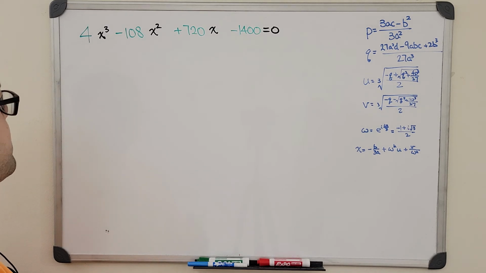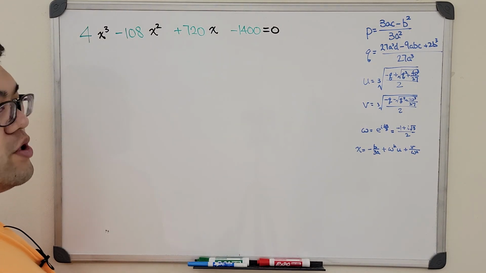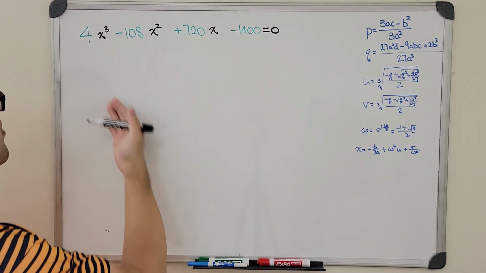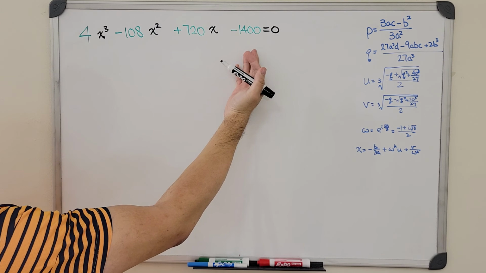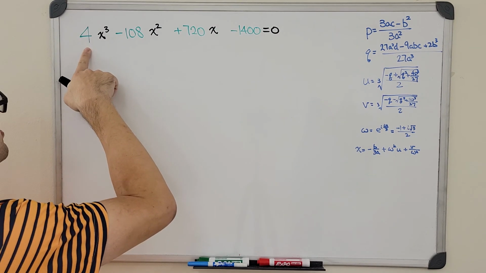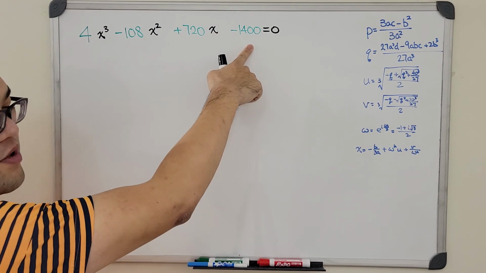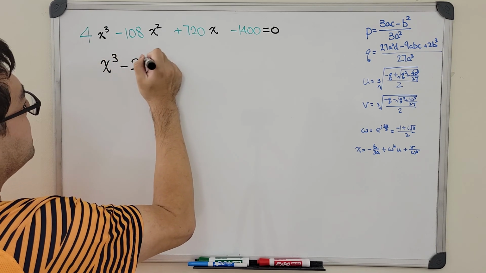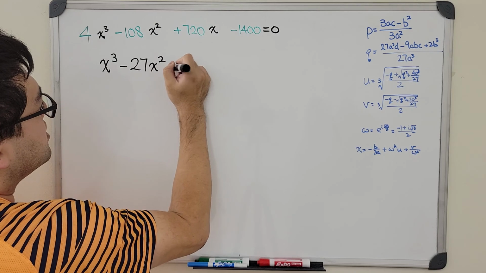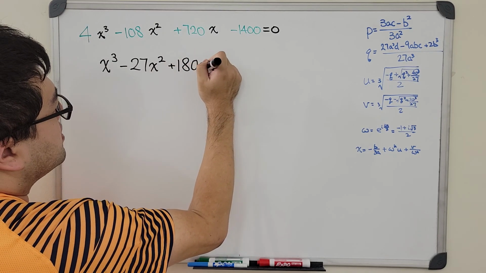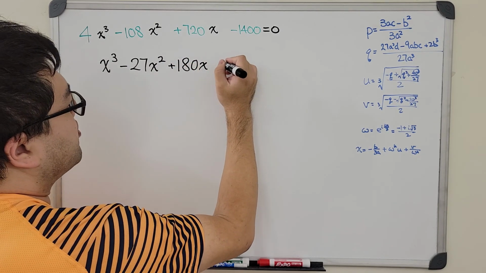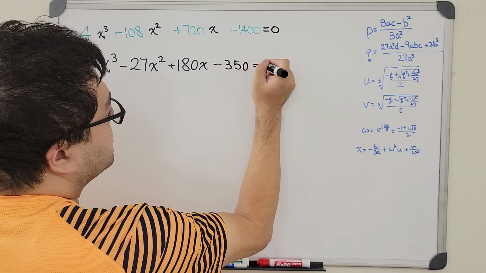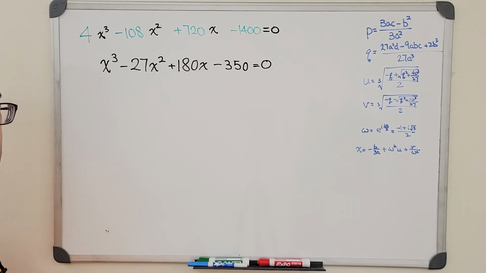When we usually do it with factoring, of course we would like to see if there's anything we can factor out from the expression. We see that the coefficients are all multiples of 4. Of course we can reduce it, and then we get the expression x cubed minus 27x squared plus 180x minus 350 equals 0.